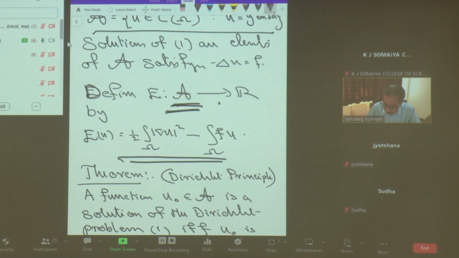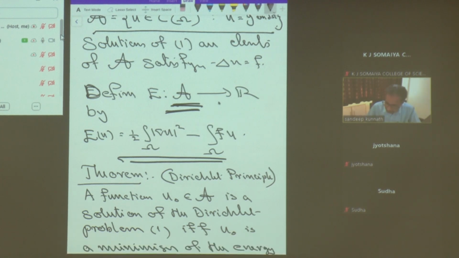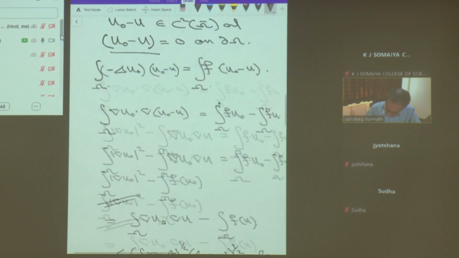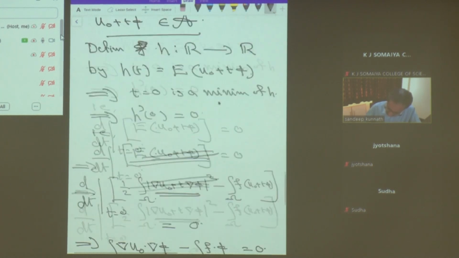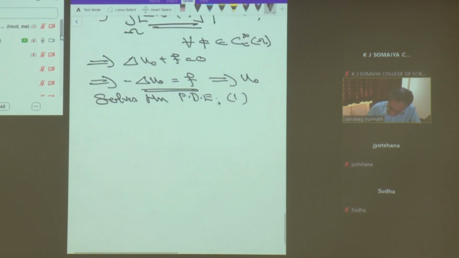For that, I have to introduce the notion of the derivative of a function from a Banach space to R. So that is what I am going to define next. This is what is known as the Frechet derivative.